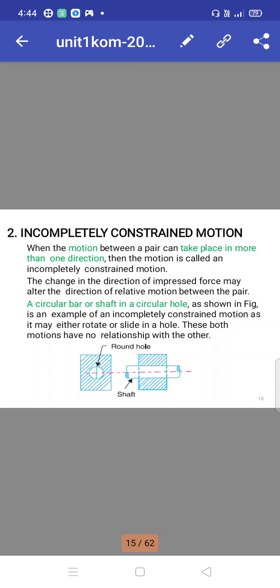A circular bar or shaft in a circular hole, as shown, is an example of incompletely constrained motion, as it may either rotate or slide in the hole. These two motions have no relationship with each other. This is the example and diagram shown for incompletely constrained motion.